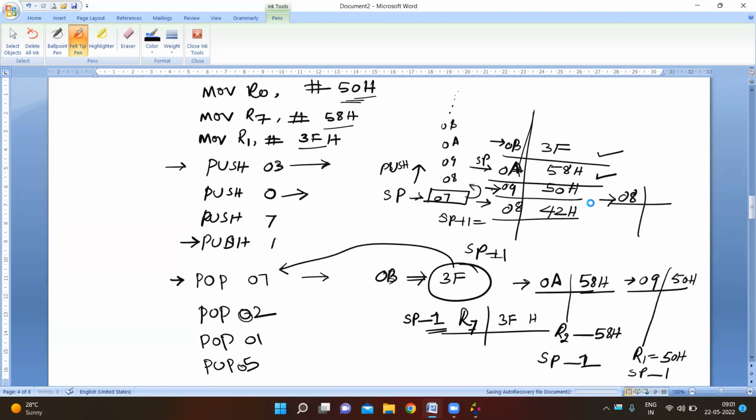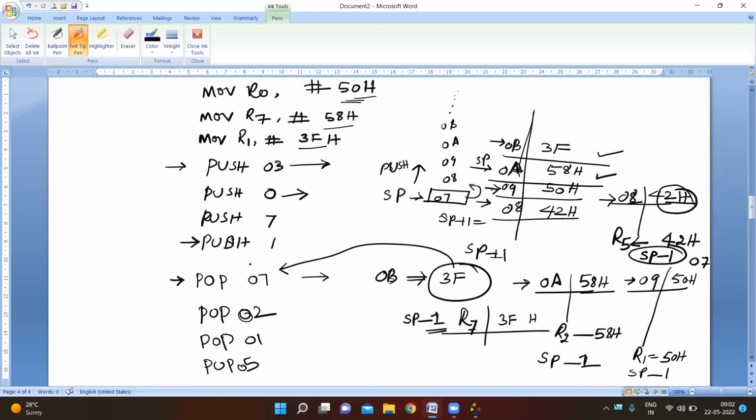Now, what is the content of 08? 42H. If I write pop 05, this 42H will be loaded into R5 register, and next the stack pointer is decremented by 1. Previously it was 8, now it is decremented by 1, so 7.